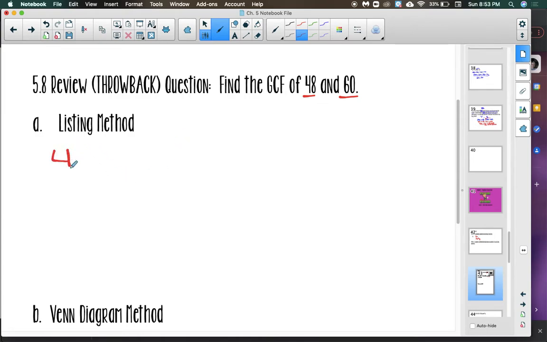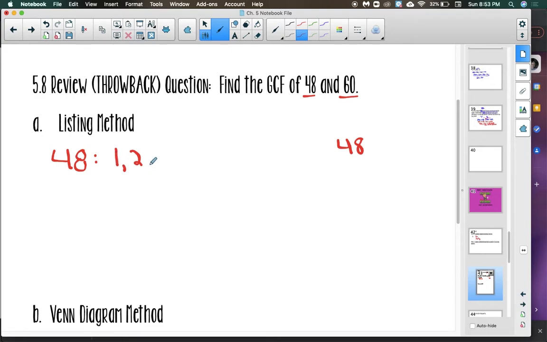The listing method just takes our numbers and lists all the factors. What I encourage you to do is to start with 1 and start at the other end with 48, because 1 times 48 is 48, and then keep moving in, doing the next lowest factor and the next highest factor.